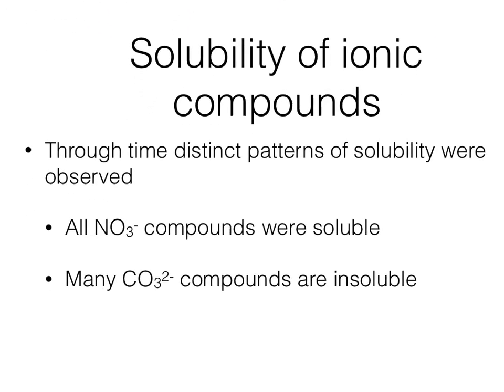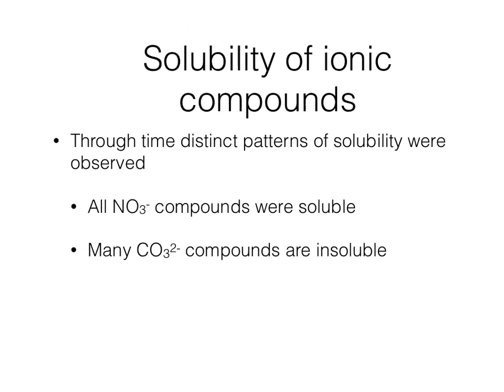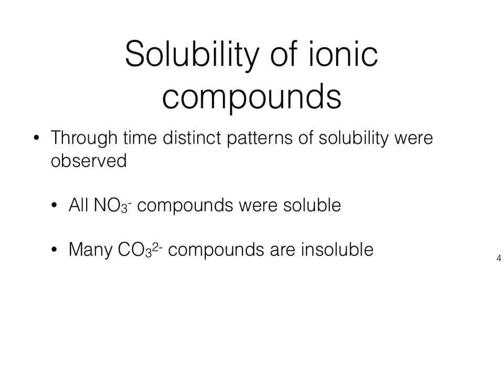So chemistry is often considered a lot of pattern recognition. Over time, scientists explored different options and they determined that all nitrate compounds were soluble. It doesn't really matter what the metal ion is: sodium nitrate, potassium nitrate, barium nitrate, etc. But they also noted that most of the time if you have a carbonate, it is going to become insoluble.